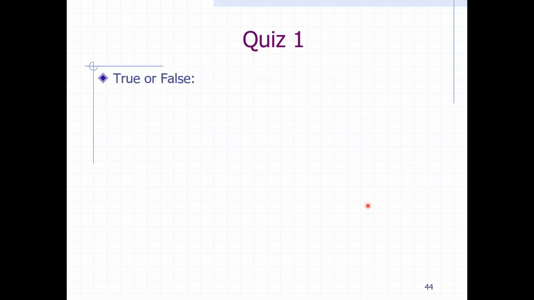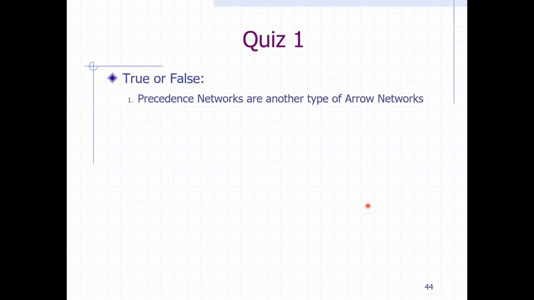So let's work on some quizzes here, true and false. Precedence networks are another type of error networks, true or false? Well, actually, it's false because precedence networks are another type of networks, not necessarily just error, could be not an error.